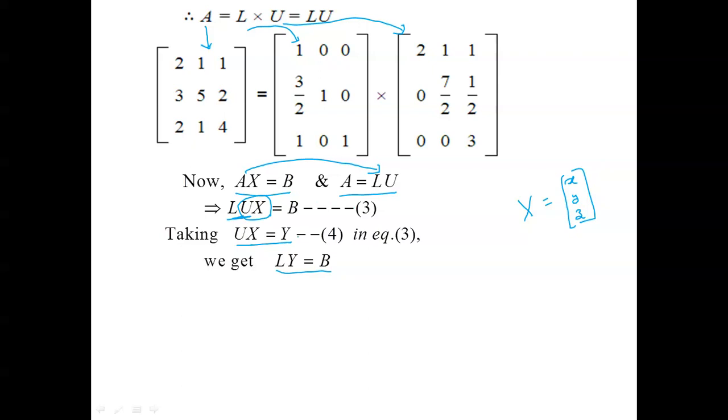Here we have taken Ux equal to Y, where Y equal to y1 y2 y3. So LY equal to B.